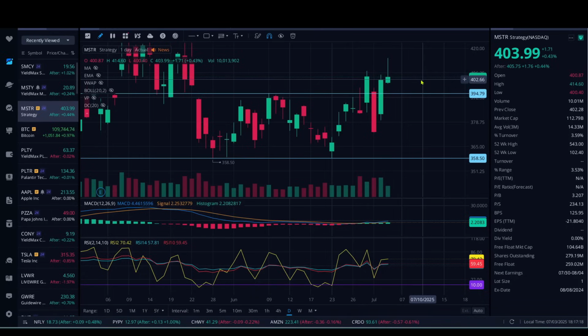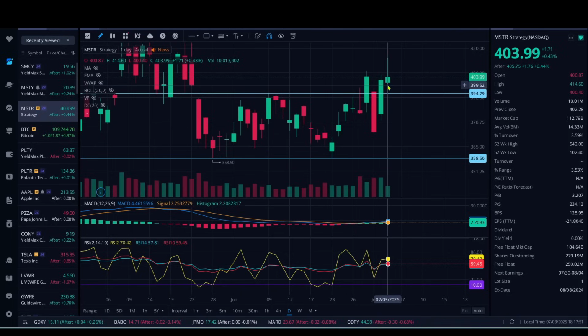All right, and here we are on MSTR, and as you can see, this was that big green candle we had yesterday right here, that we did break over that resistance line, and I said that if we can get a candle to open and close above it, we might be seeing a bit more of an upward movement on MSTR.